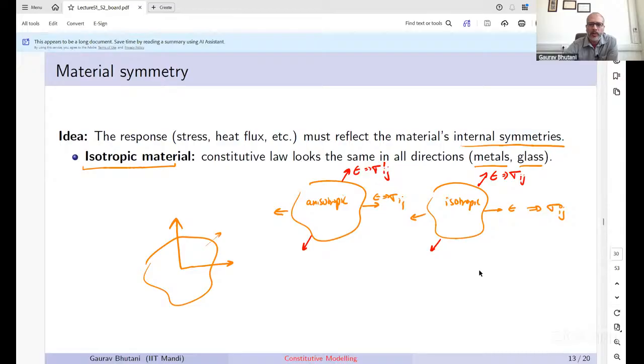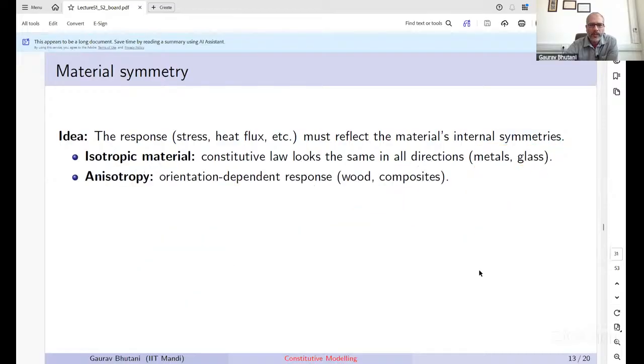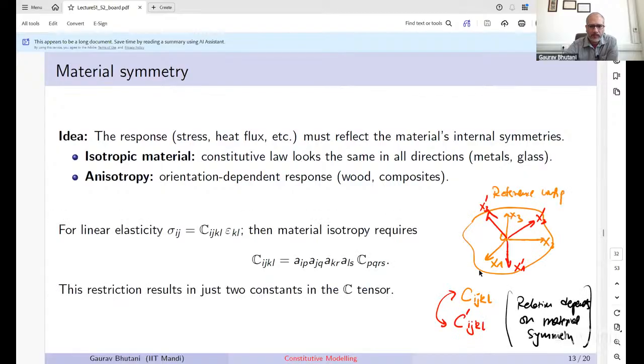So the model should be independent of that, whereas for anisotropic materials, there should be some dependence, and that depends on the nature of anisotropy. So again, this is a very brief discussion on these ideas. We're not going to detail. We don't expect you to understand the different expressions of the constitutive tensor for different kinds of anisotropies. It's just a very brief discussion on the ideas of material symmetry.